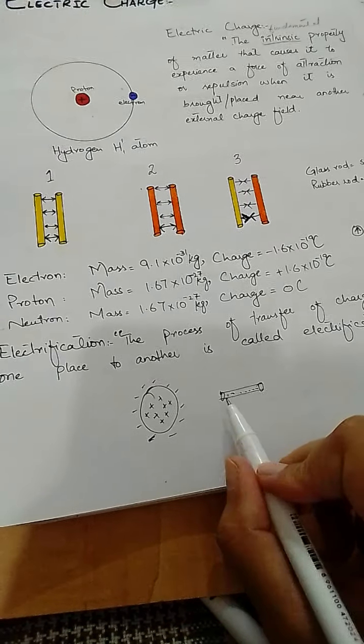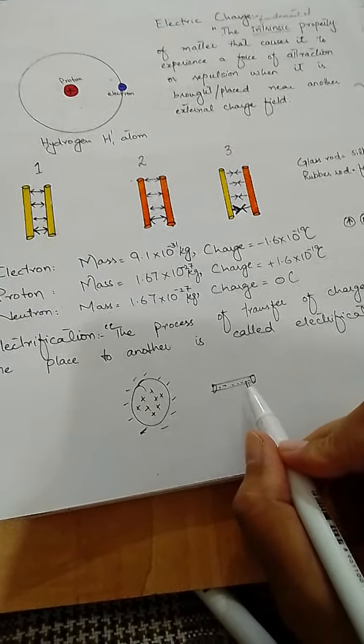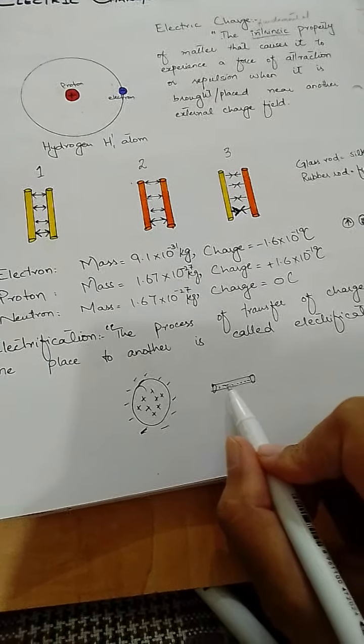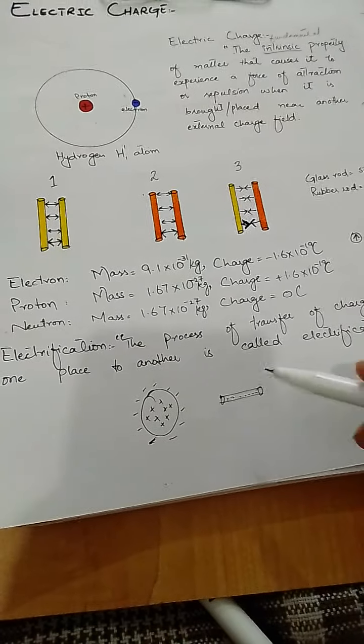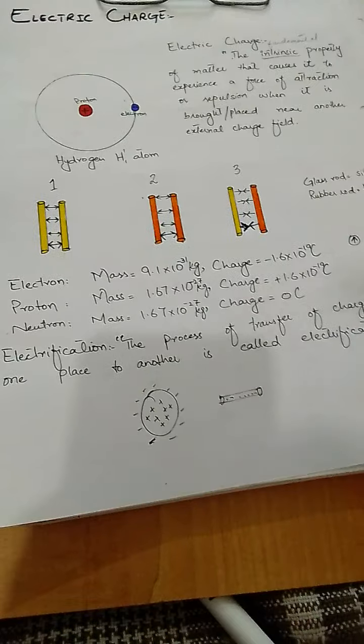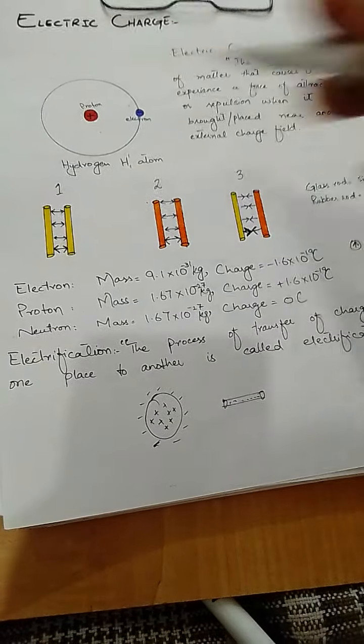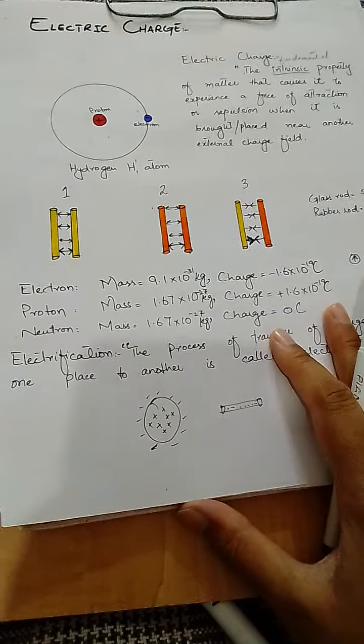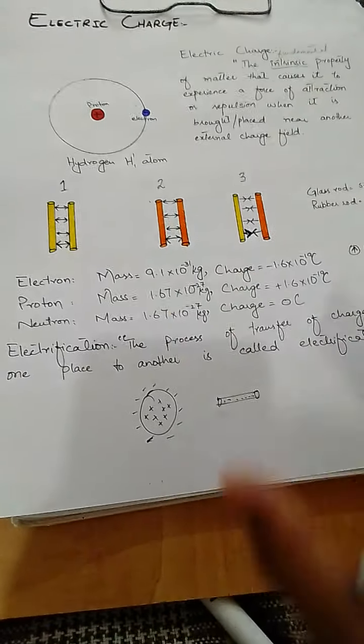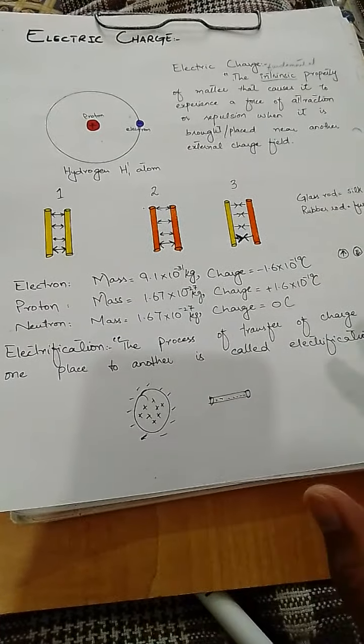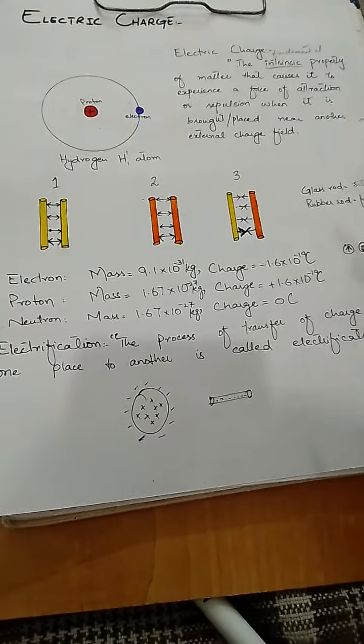Okay, nucleus doesn't actually travel. Electrons travel from one nucleus to another, and to another one, and to another, thus creating an electric field. That is why we have currents and we have all the voltages and all that.